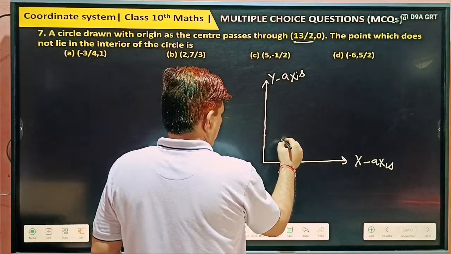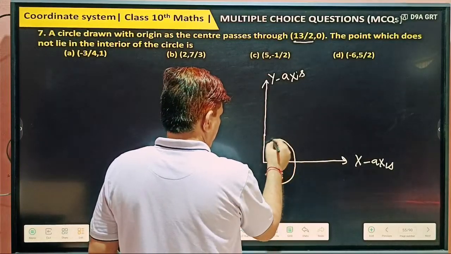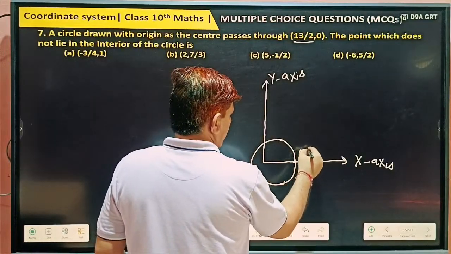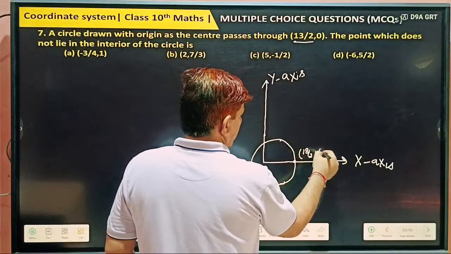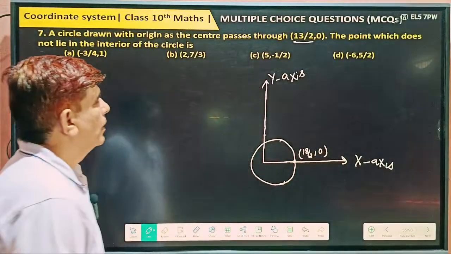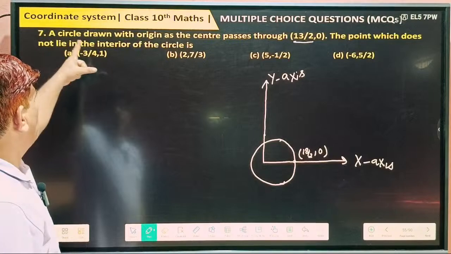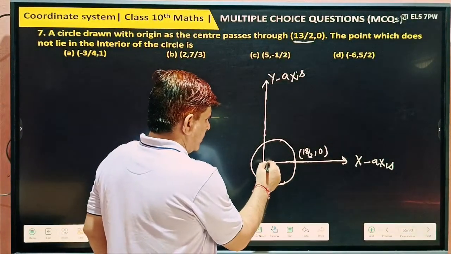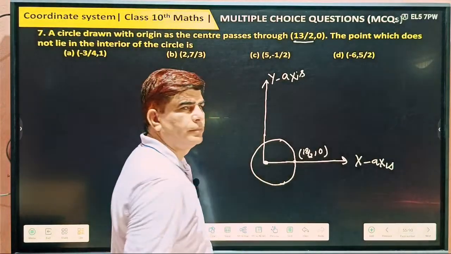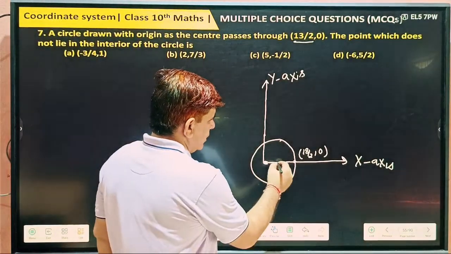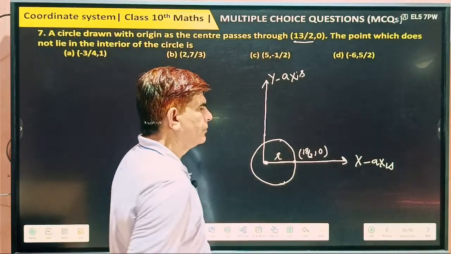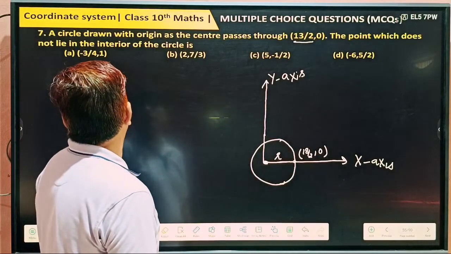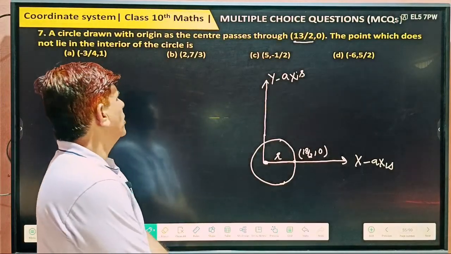We can say this is the point whose coordinates are 13/2 and 0. A circle drawn with origin as center. So the center is the origin. Center meaning, what is this? This is the radius. The point which does not lie in the interior of the circle.